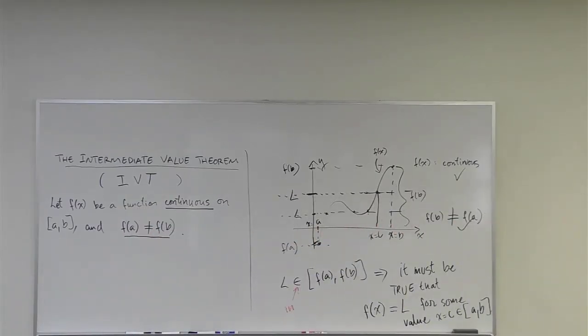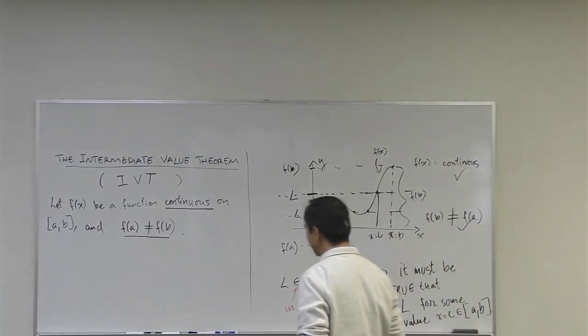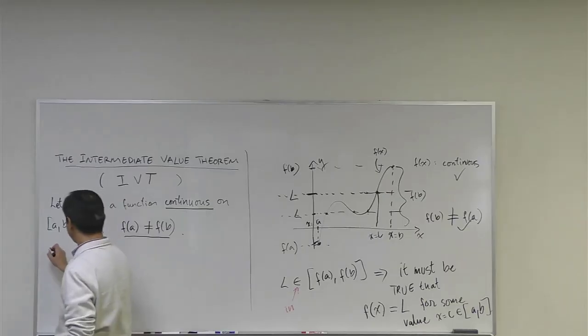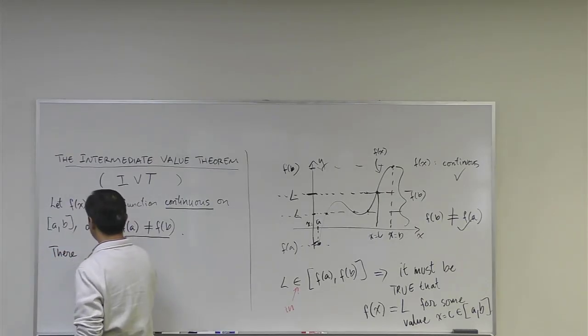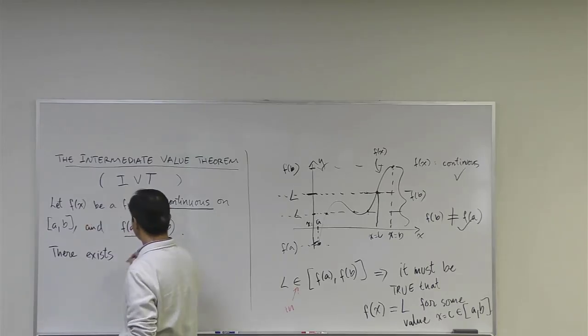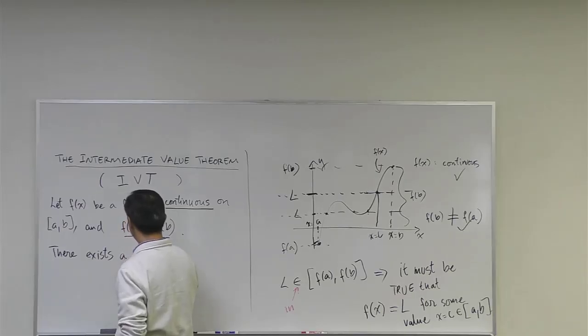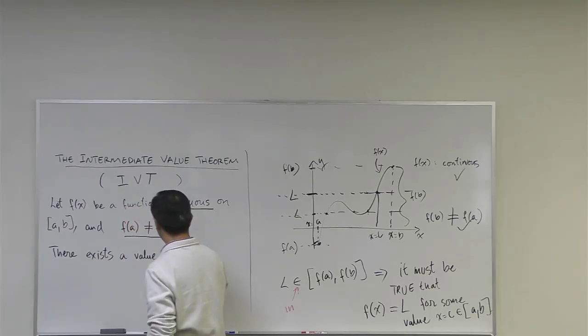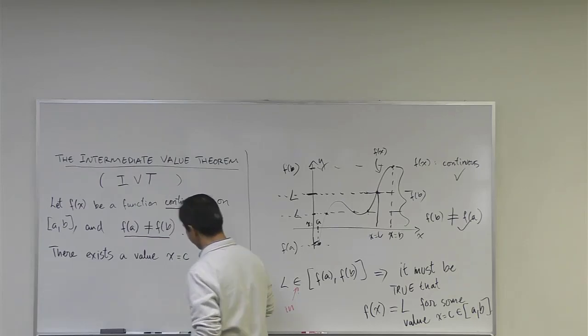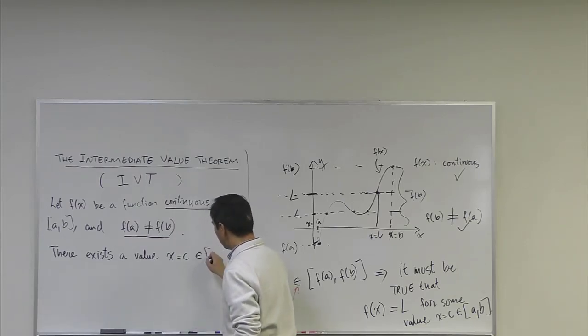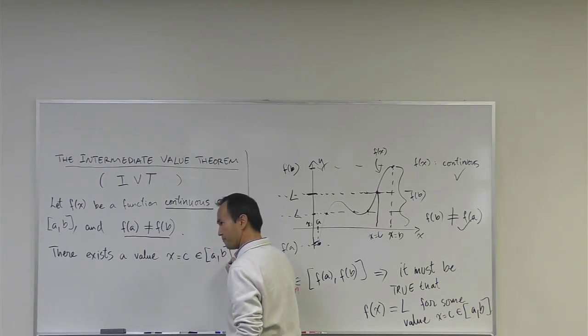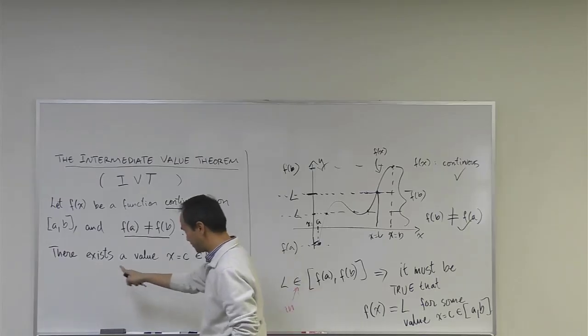You see how exactly I worded that. In that case, it's true that there exists a value x equals c that is inside of the interval from A to B. There must exist. This is a guarantee.